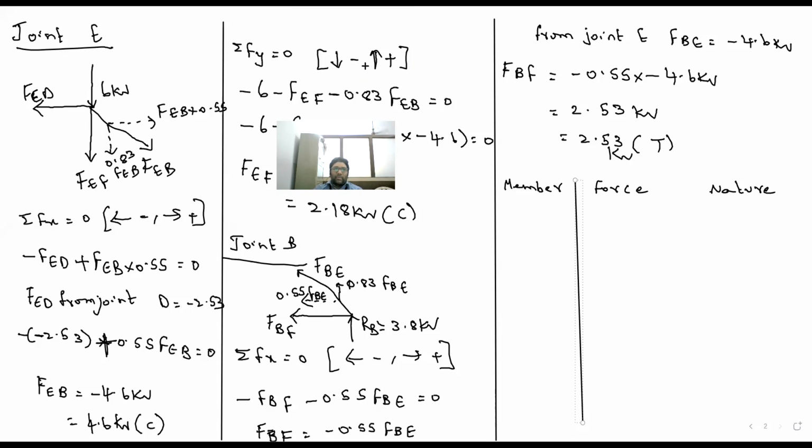For that, we just need all the members: CD, CA, AD, AF, DF, DE, EB. What else do we have? EF and BF.